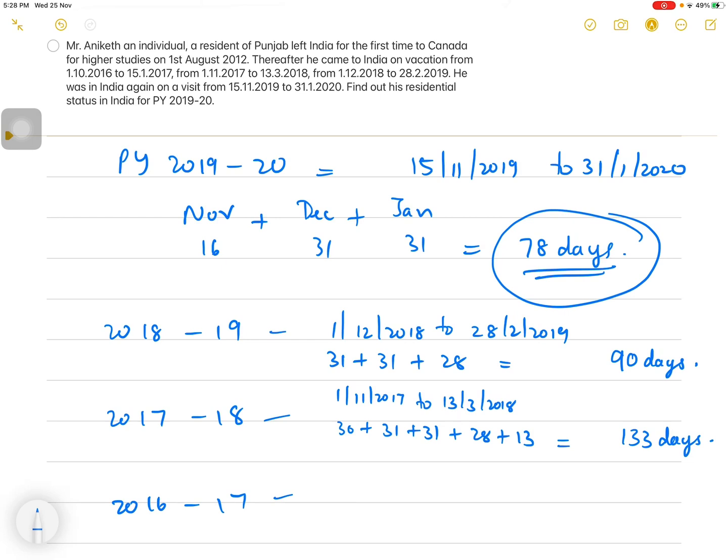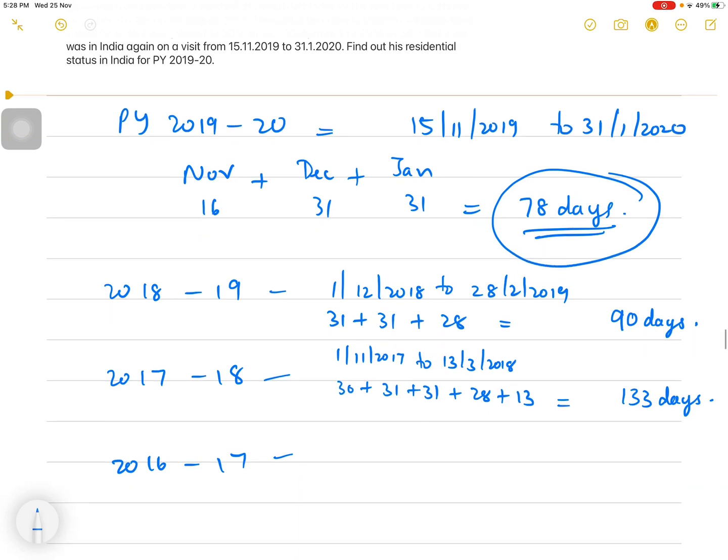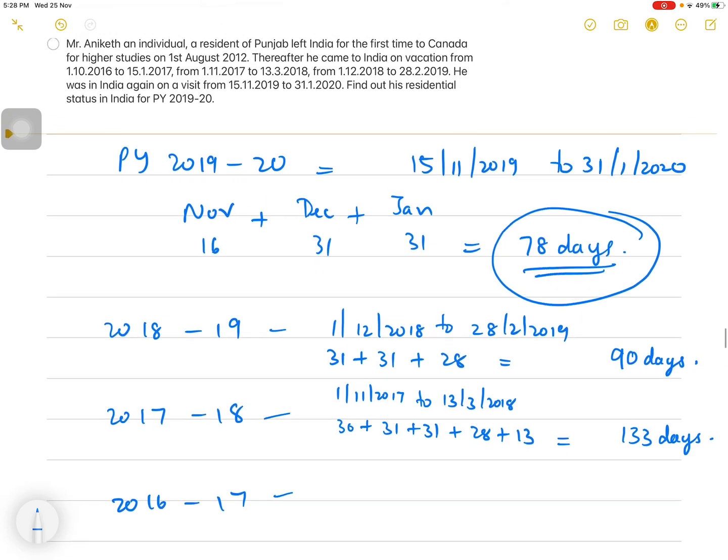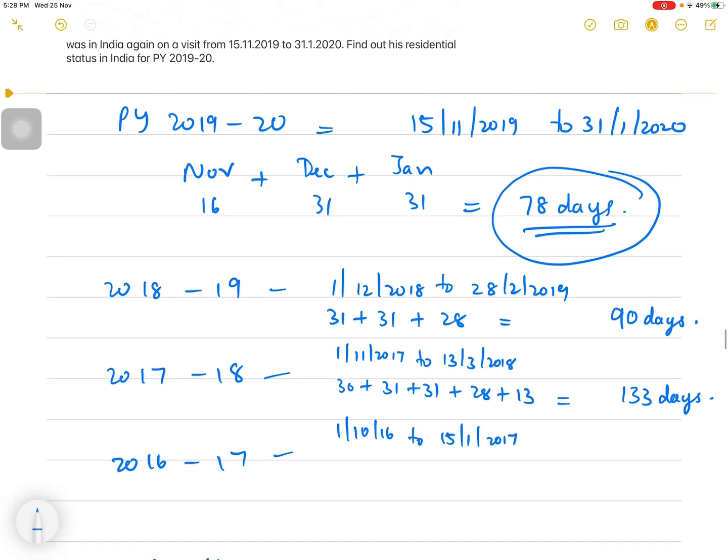Okay. So during 16-17, his stay in India is from 1/10/2016 to 15 January 2017.